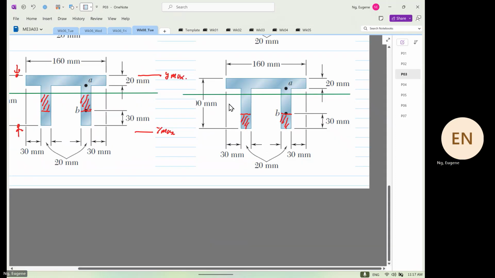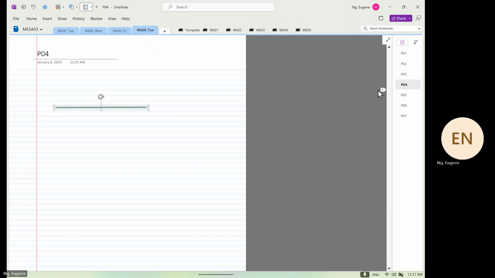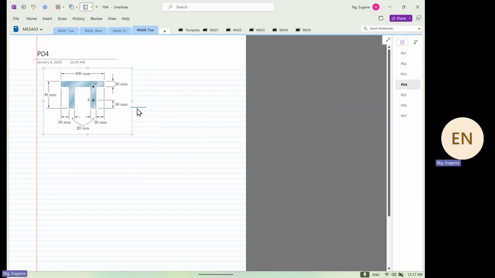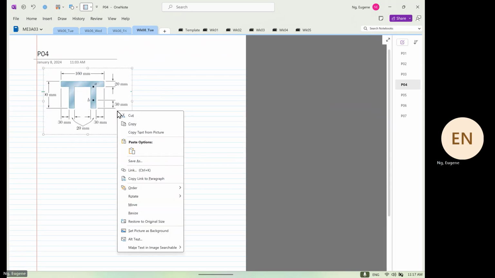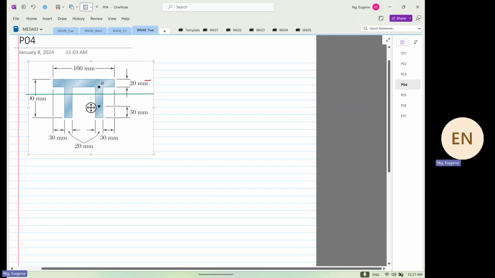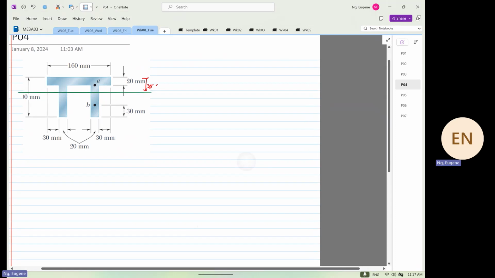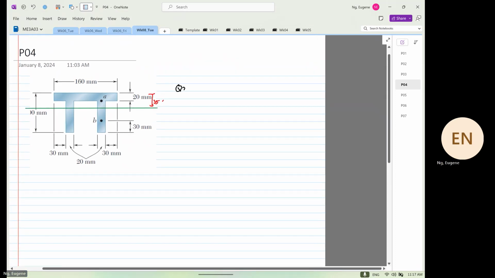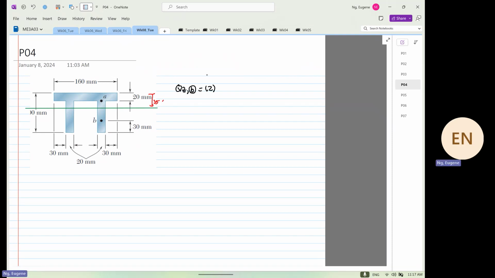So now we are going to get this. We know that this is 35 millimeters. So from here, we know that our Q Z for point B is going to be twice, because you have left and right. The width is 0.02.